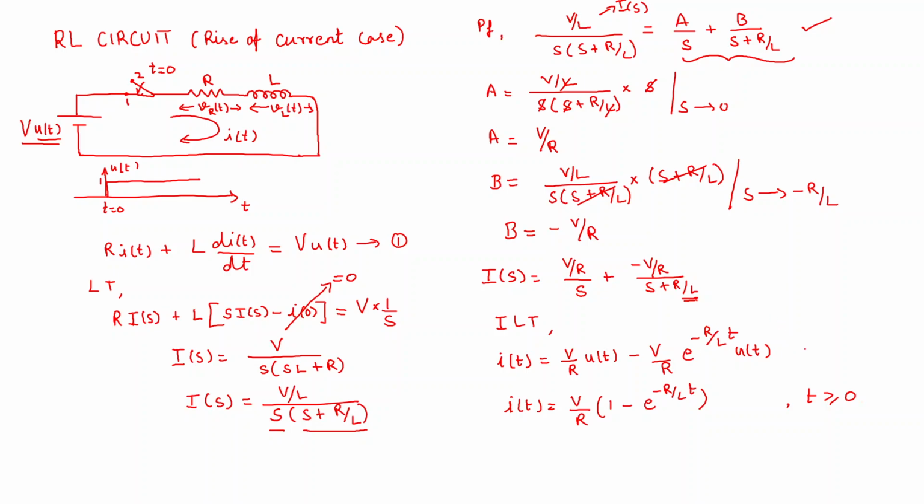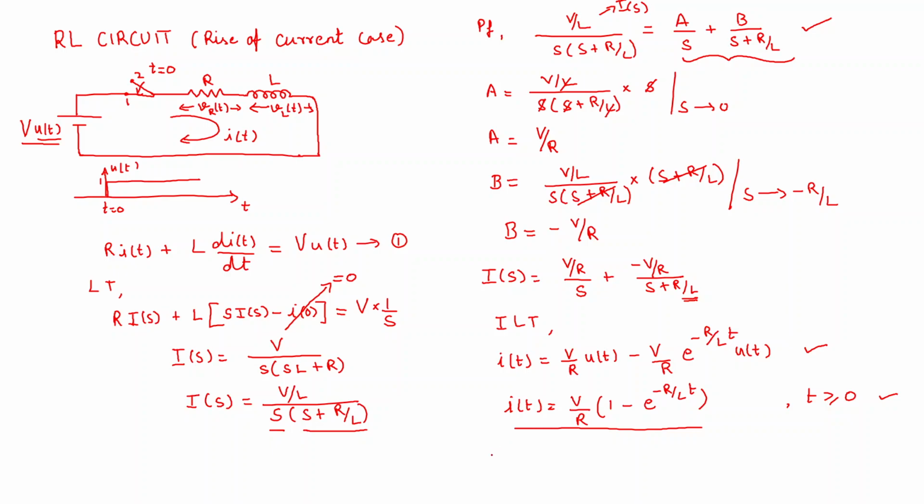So the equation for I of t can be written either like this or like this. I have just removed U of t and stated that it is for t greater than or equal to 0. So this is my equation of current that is flowing in this particular closed loop when the supply is connected to the RL series circuit.